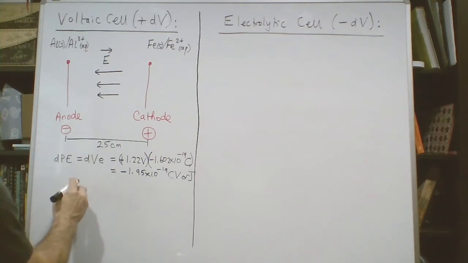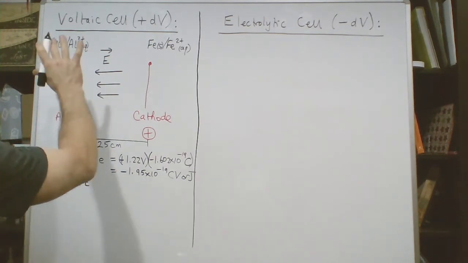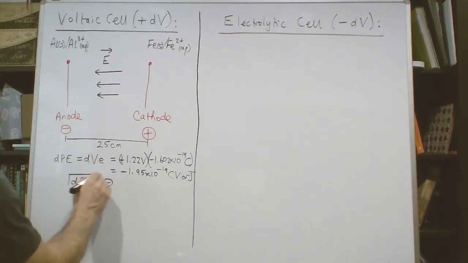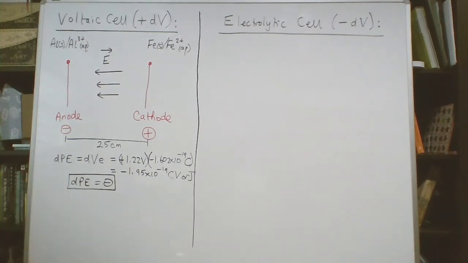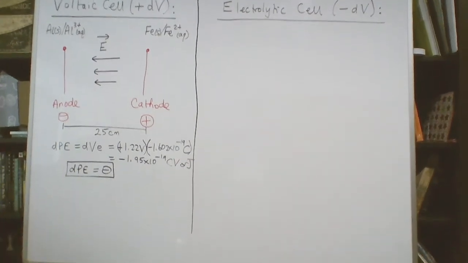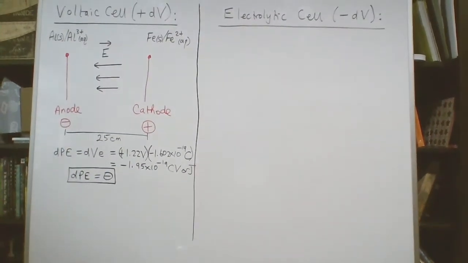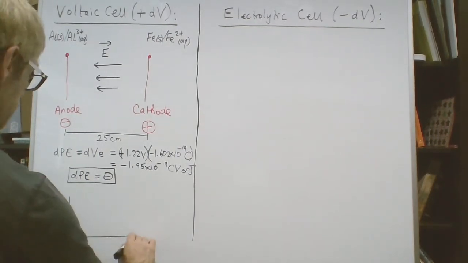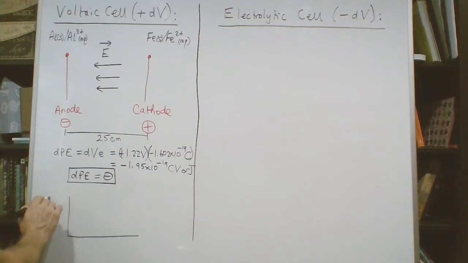Importantly, we can see that the change in potential energy in a voltaic cell is a negative value. So that's what's really important. The change in potential energy here is a negative value. If we were to draw a quick diagram to represent this change, we could plot potential energy on the y-axis.